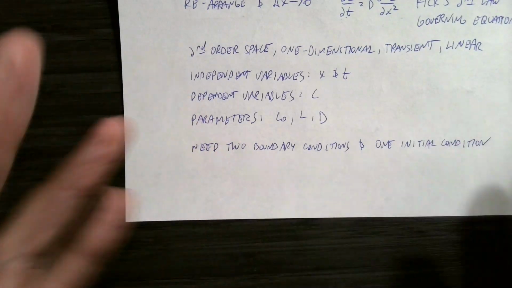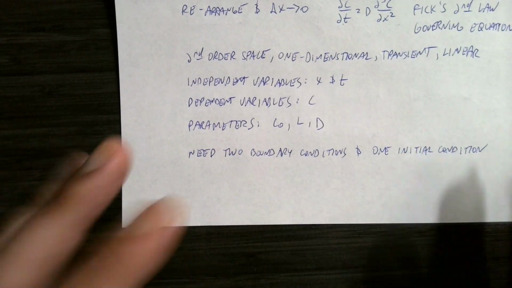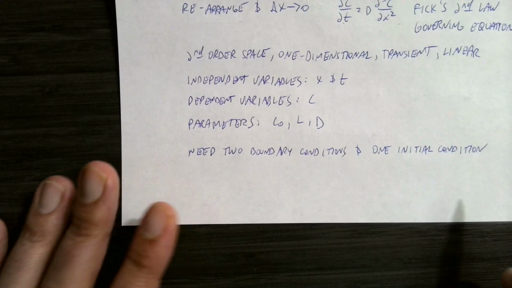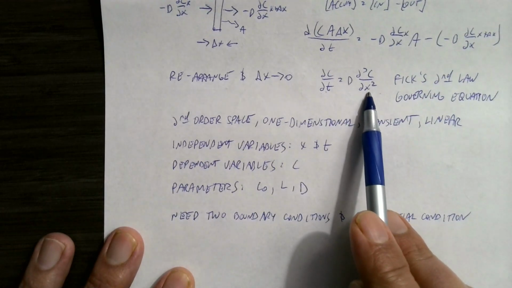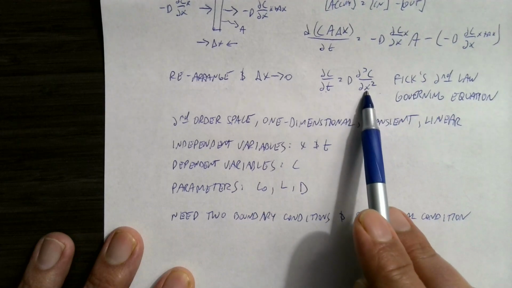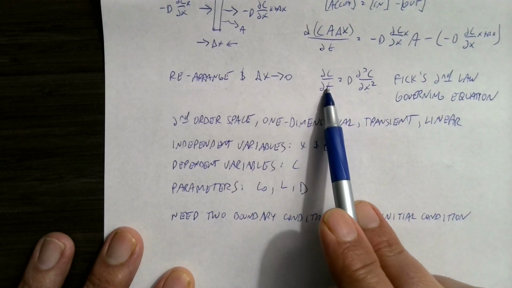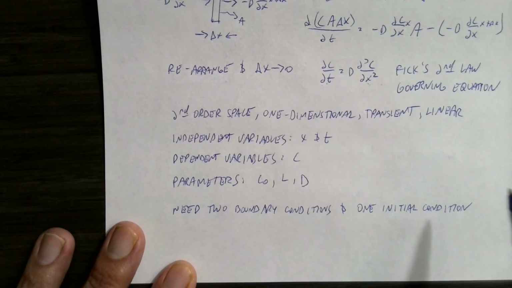And again, these are all things that should just kind of come out of what we've already stated. Because it's a second derivative in space, it means you need two conditions on x, and you need one condition on t because it's a first derivative in time.